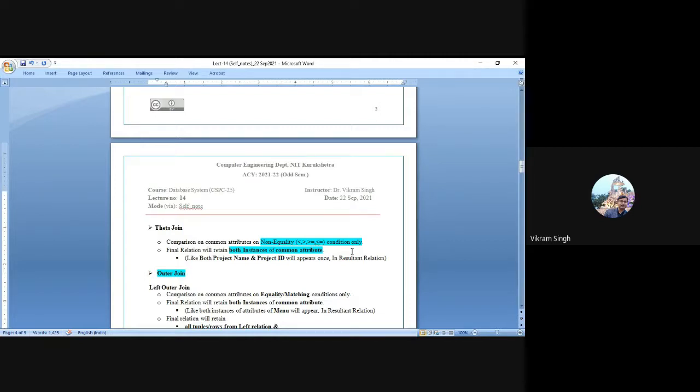Theta imposes the not equal to matching conditions on all the pairs of common attributes between the database tables, but in the resulting relation, it keeps both instances of a common attribute. So it is similar to the natural join. So these are the three different types of inner join in SQL.